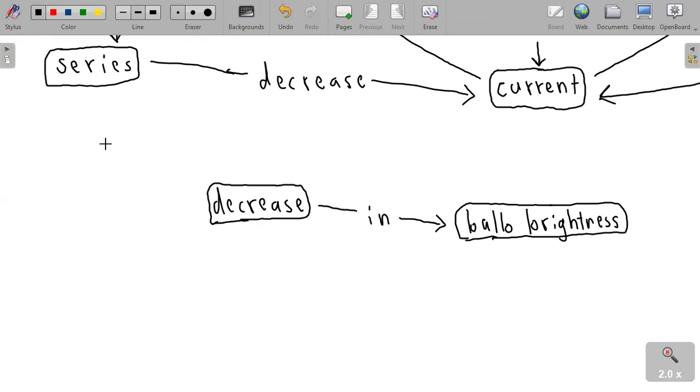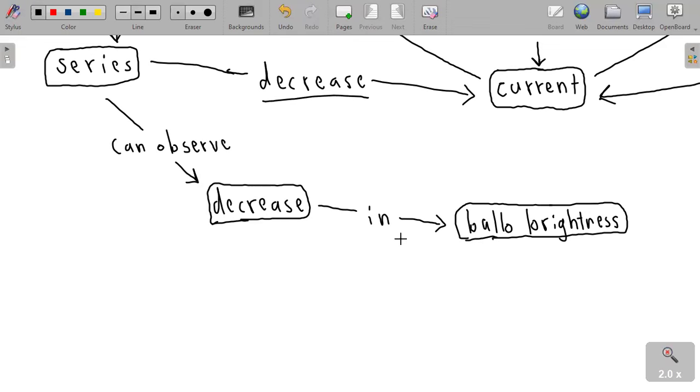This is what we can observe. We can observe a decrease in brightness, meaning the brightness of the bulb. It will decrease since there is a decrease in current, because we said that there is a decrease in current.